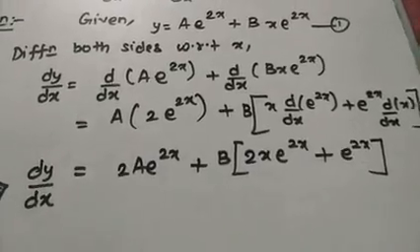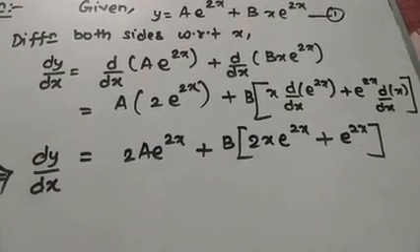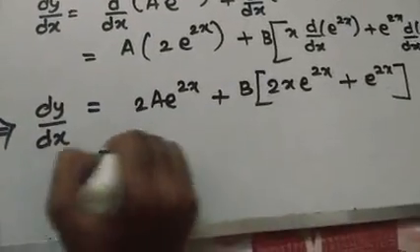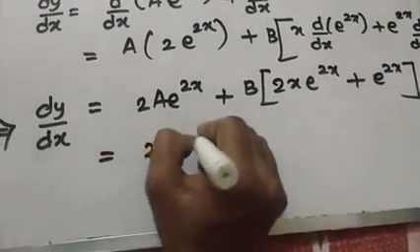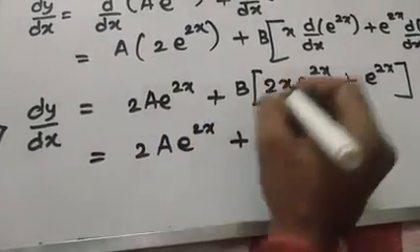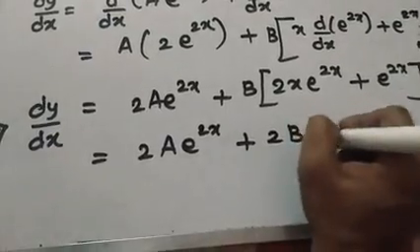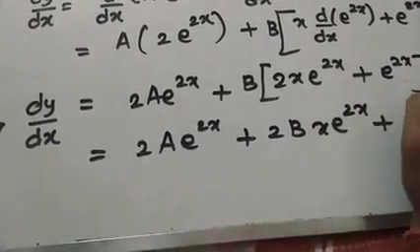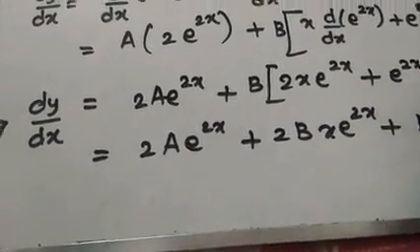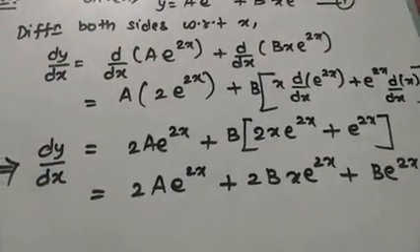Now we can simplify one more step, just opening the bracket here. Now this is our dy by dx.